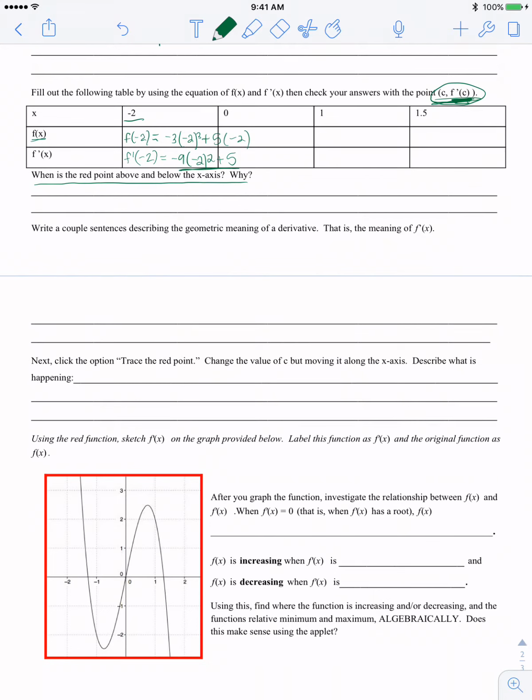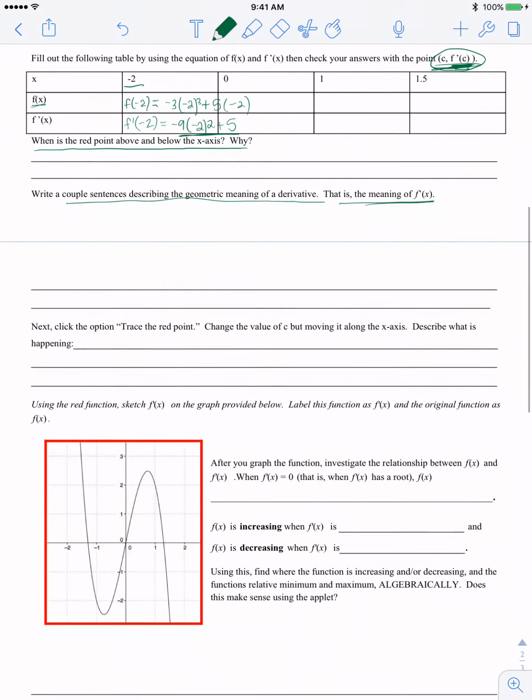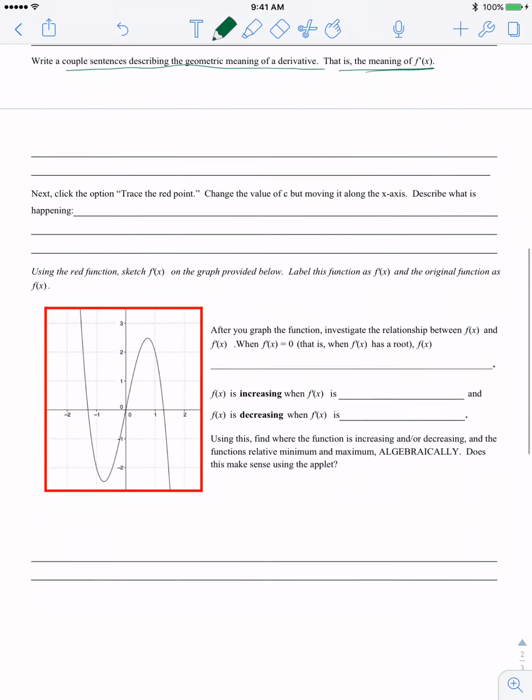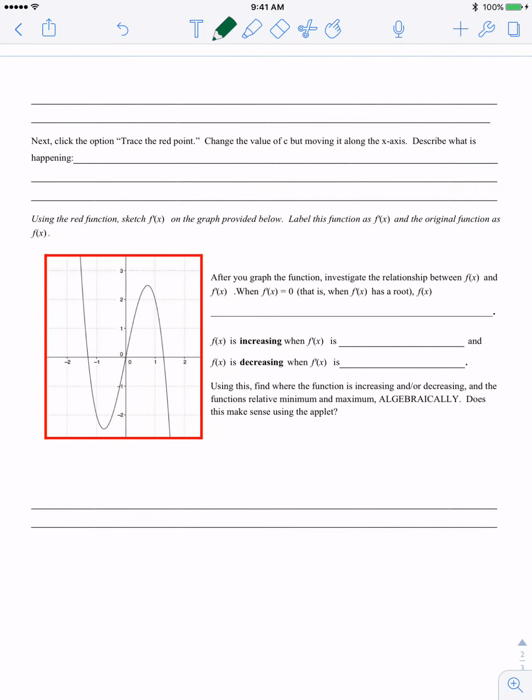Next thing you'll do is write a couple sentences describing the geometric meaning of derivative. That is, what's the meaning of f prime of x. I think you should be able to do that without any more explanation. Next, you'll click the option Trace the red point. Change the c value by moving it along the x-axis. Describe what is happening.